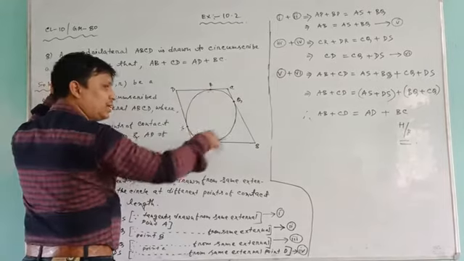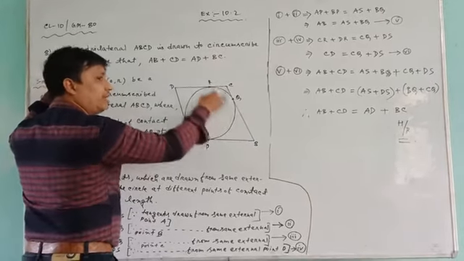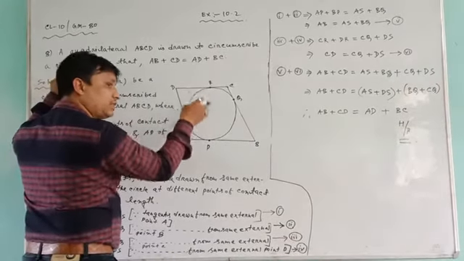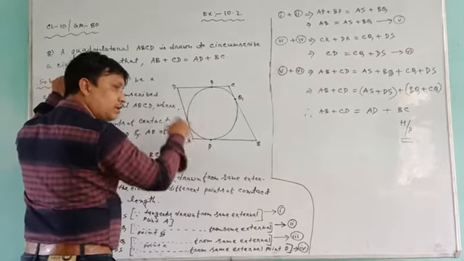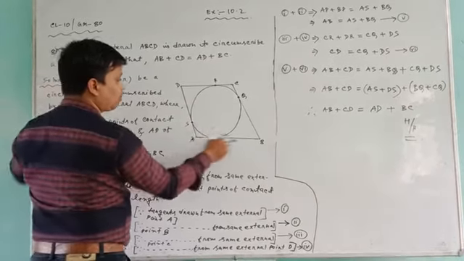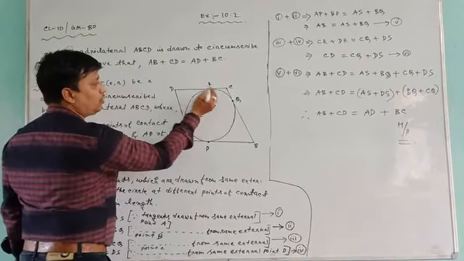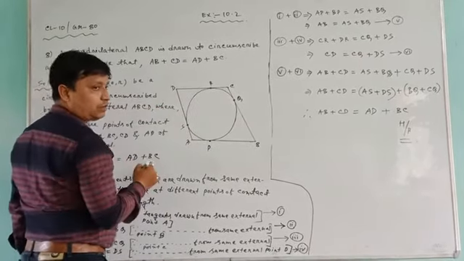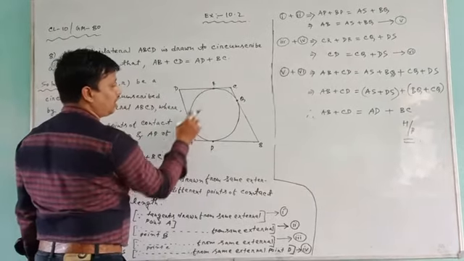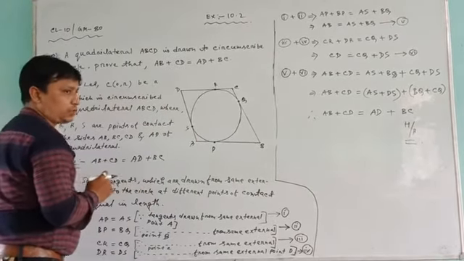So this quadrilateral is circumscribing a circle. And all the sides are touching the circle at points P, Q, R, S. So these P, Q, R, S are the points of contact.